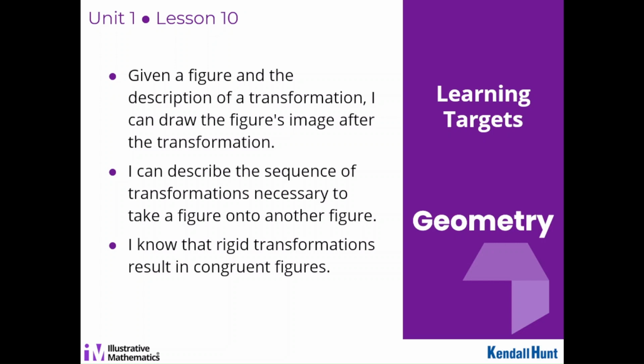It doesn't get bigger, it doesn't get smaller, it doesn't change shape. It's the exact same, or at least congruent shape. It's just now sitting differently. So as long as you understand these 3 learning targets, then you're exactly where you need to be moving forward into the next lesson.